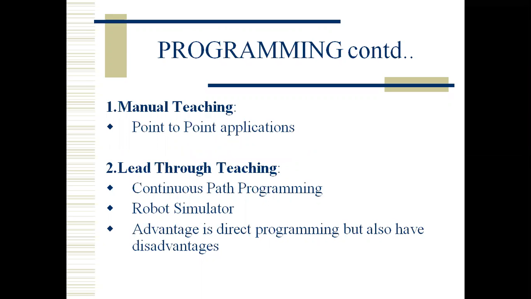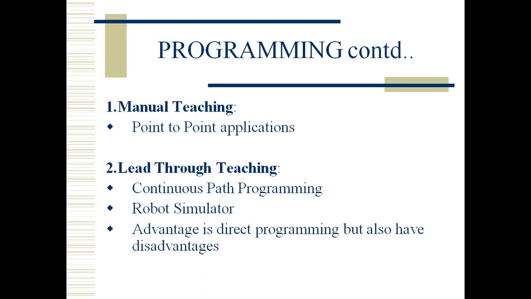manual teaching. In the case of manual teaching, point to point applications are characterized. Point to point applications, in the sense, the coordinate access will be specified from point 1 to point number 2. There is the Cartesian coordinate system. As we are all aware, there are four different types of coordinate systems: the first one is the Cartesian coordinate system, next the cylindrical coordinate system, the articulated system, and the circular interpolation system.